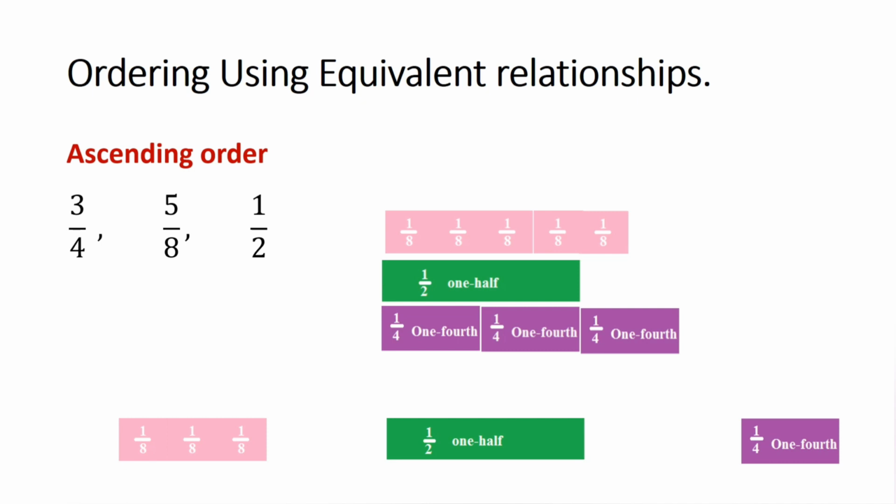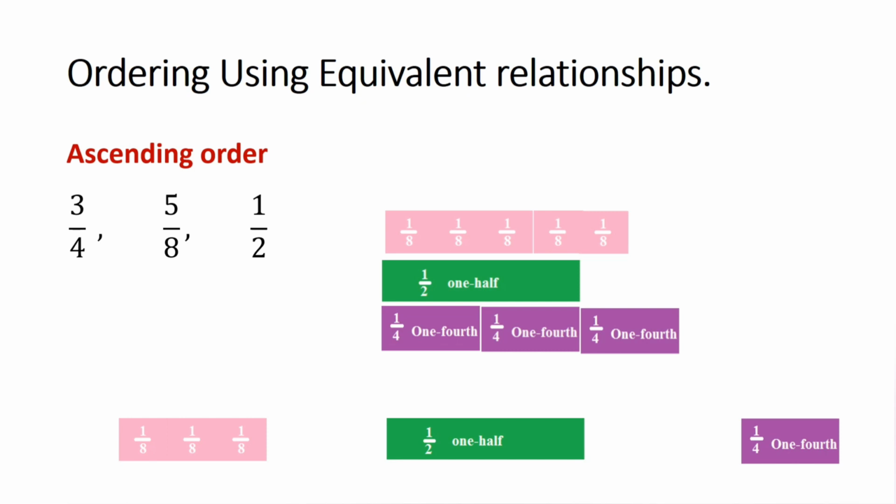And from observation, you can see that 3/4 is larger than a half and 5/8. You can also see that a half is smaller than 5/8 and 3/4.